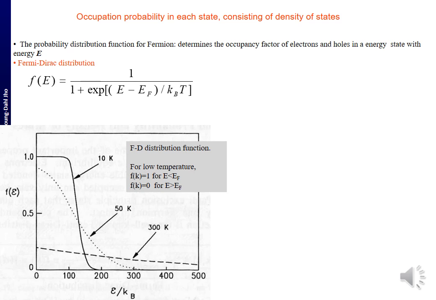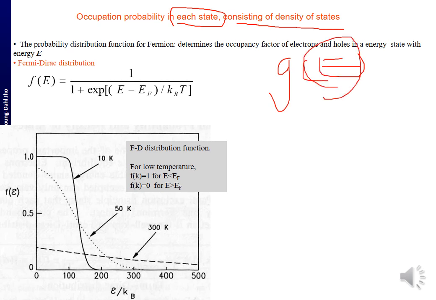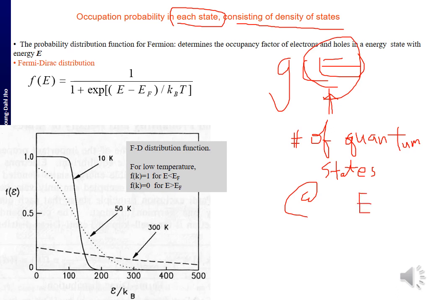Another important concept is occupation probability in each state, consisting of density of state. So we consider density of state G(E), right? Then this describes the number of quantum states at certain energy value E, right?